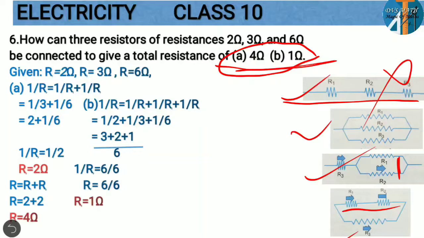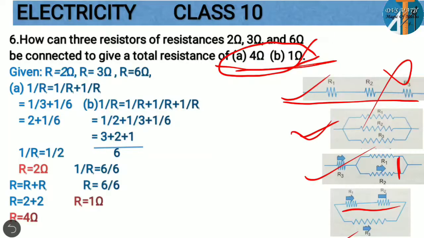Then all in parallel: 1 by 2 plus 1 by 3 plus 1 by 6, again LCM. So 3 plus 2 plus 1, 6 by 6, 1. So here we get the 1 ohm option. So the second, it is connected in parallel.